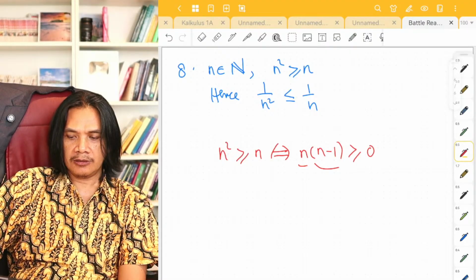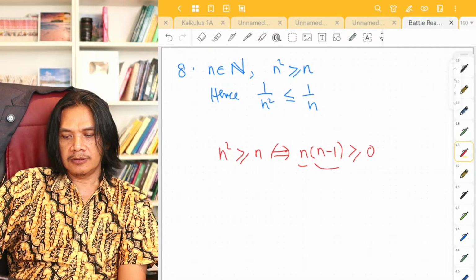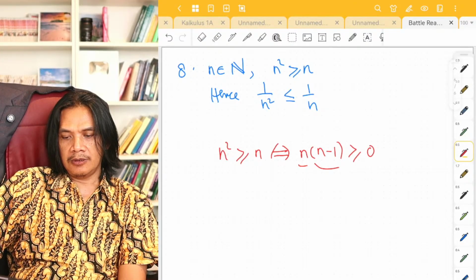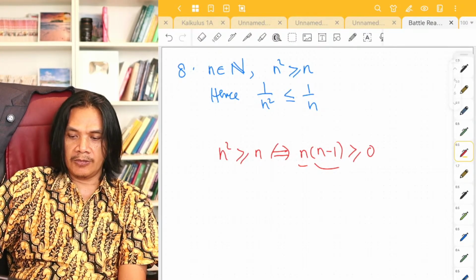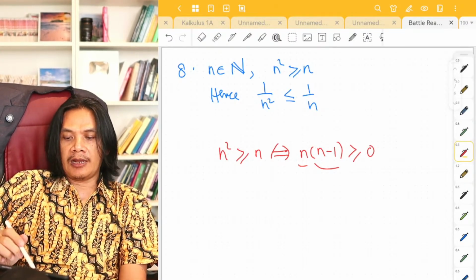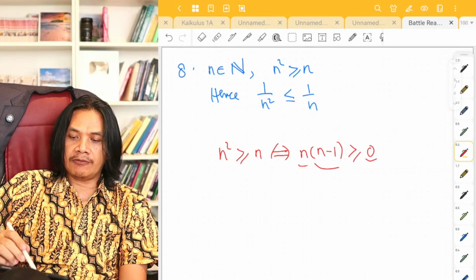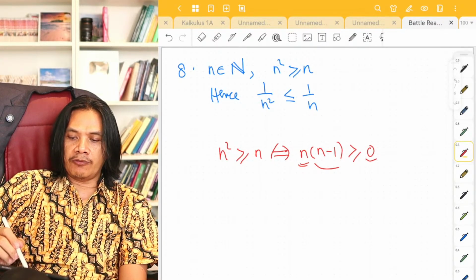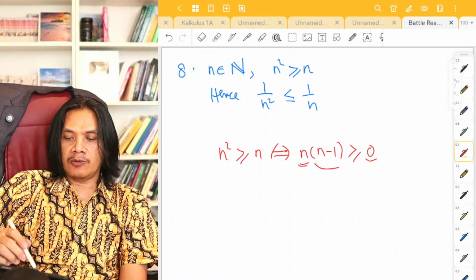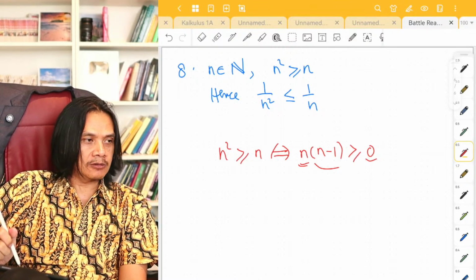How to do it? In order to have this positive, it is enough to say that both of them are positive, or at worst one of them is 0.